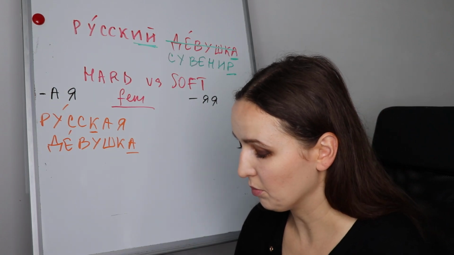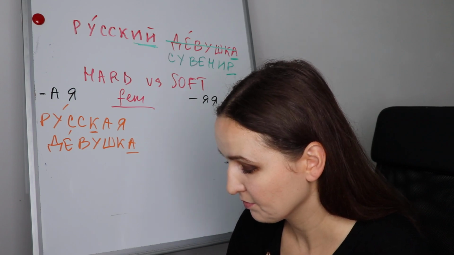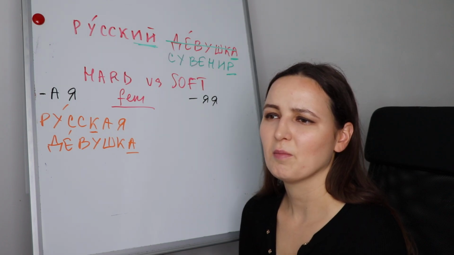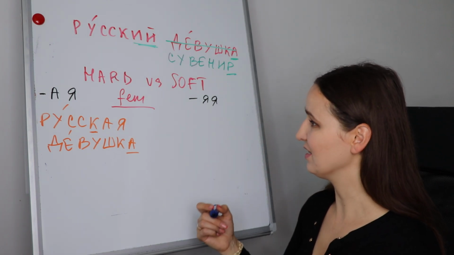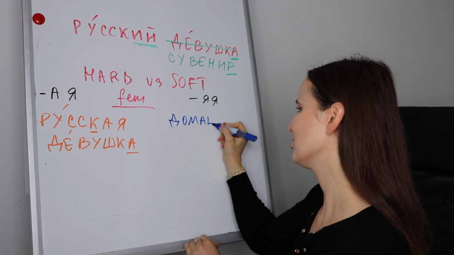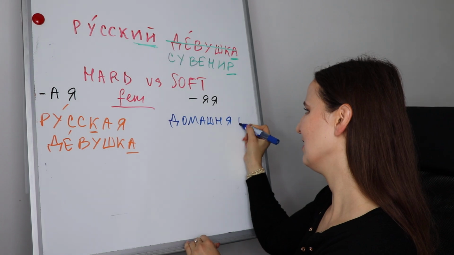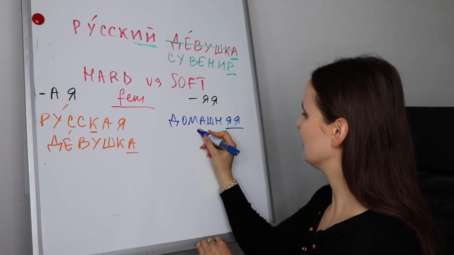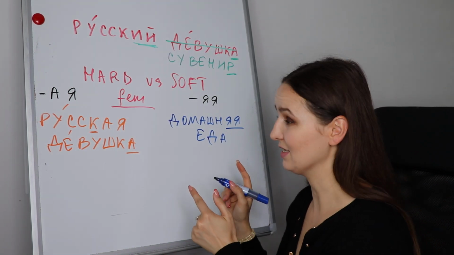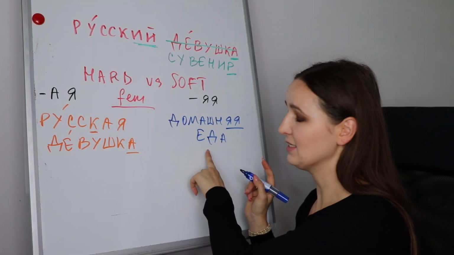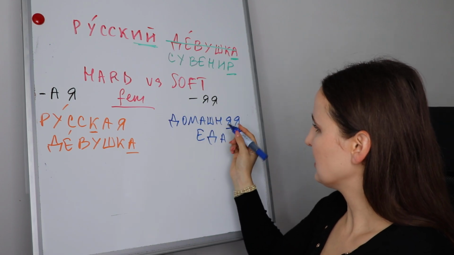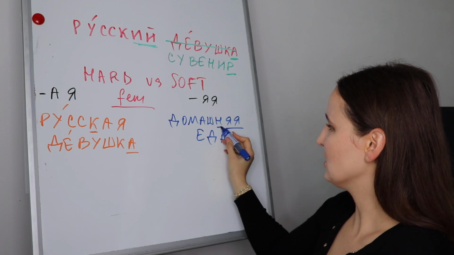Now let's look at the example with яя. For example, домашняя еда. Домашняя means home as an adjective, and еда is food. Домашняя еда, home food. So here n is soft.